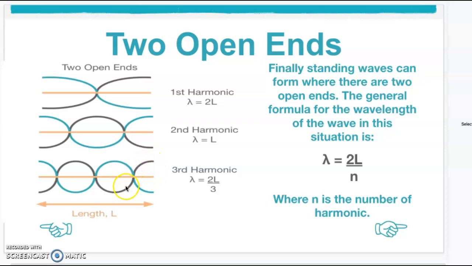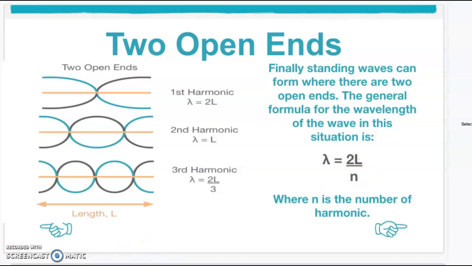So that's 1, that's 2, and that's 3. If I divide this length by 3 and then multiply it by 2, I get my full wavelength, which is 2L divided by 3. Okay, so the relationship is the same. The wavelength equals 2L over N.